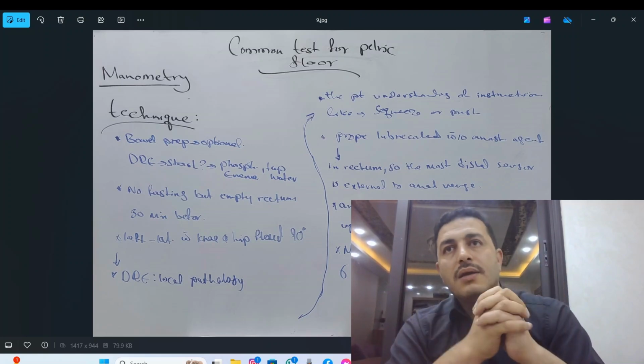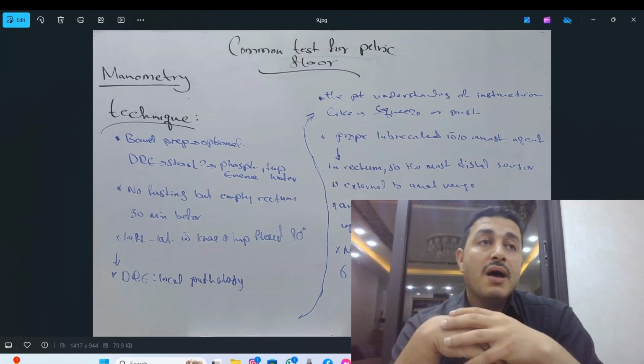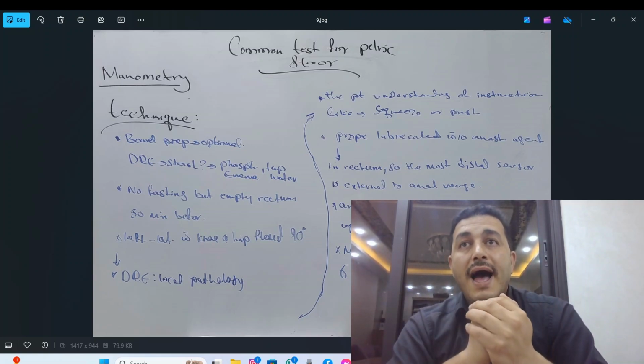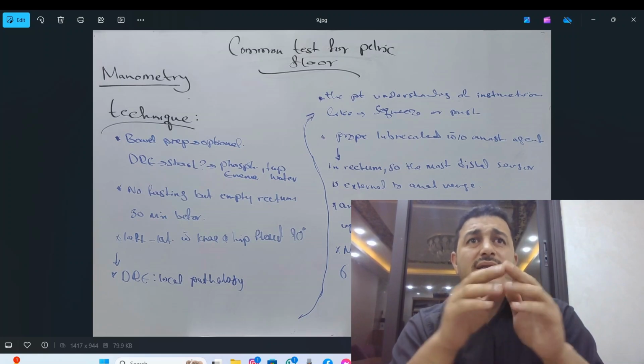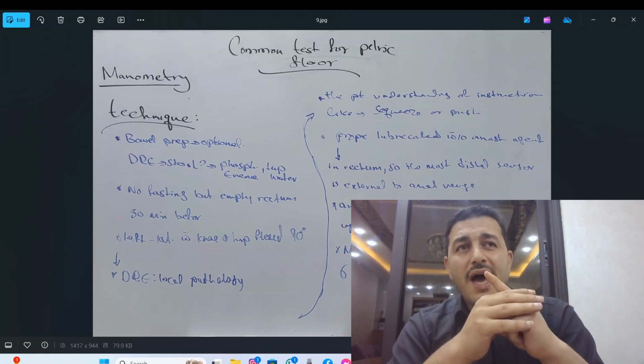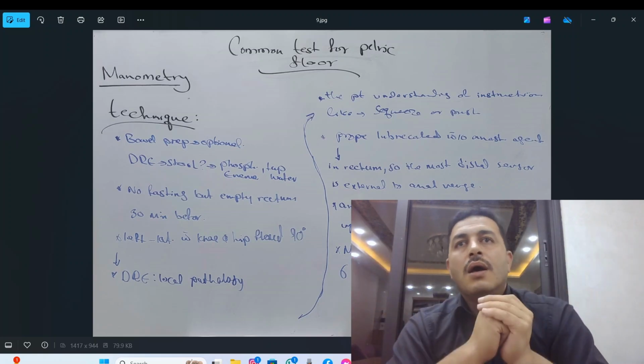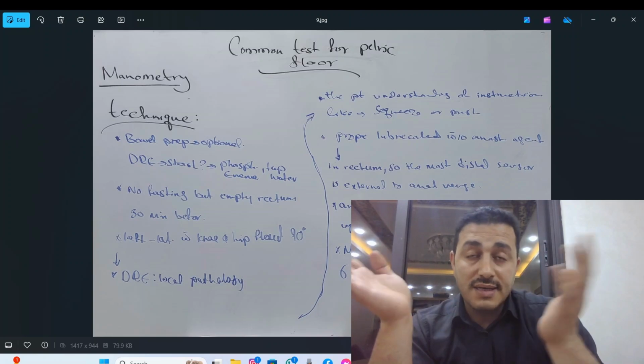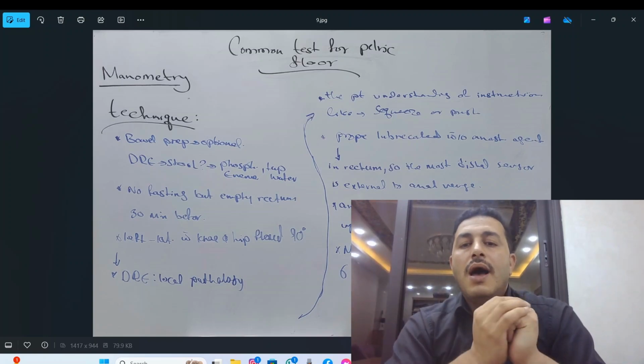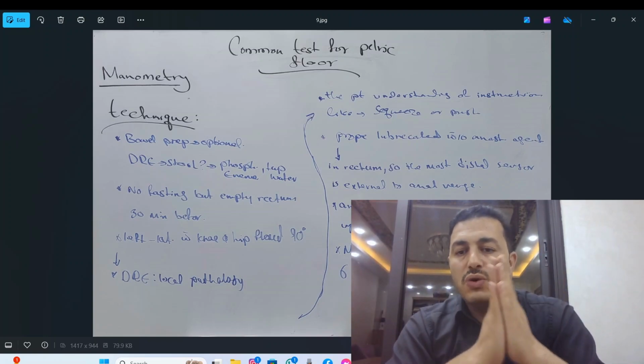This can be done with a phosphate enema or tap water, and before starting we have to do a PR to detect any local pathology and check the anus is clean. No fasting is required.